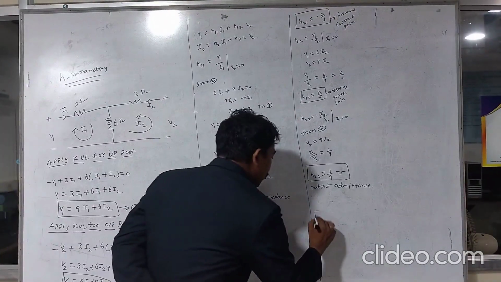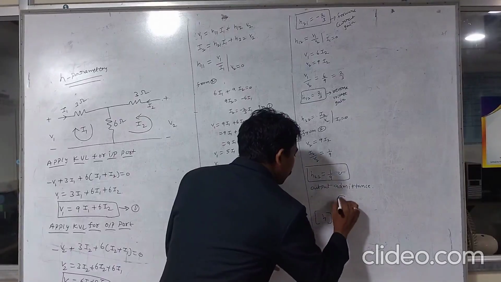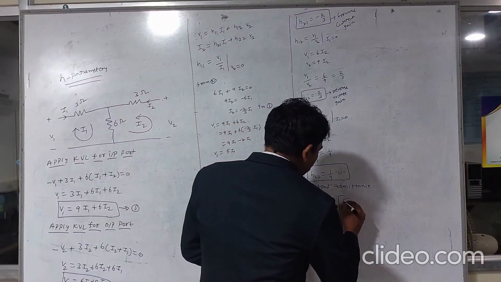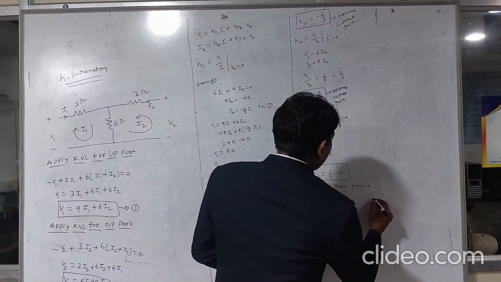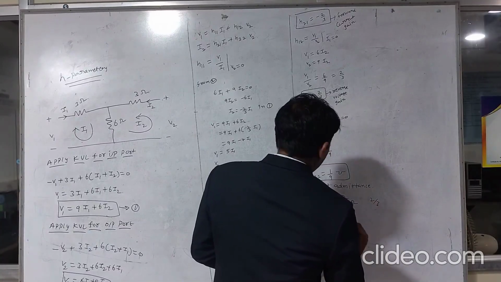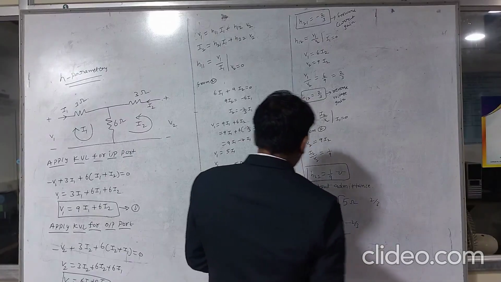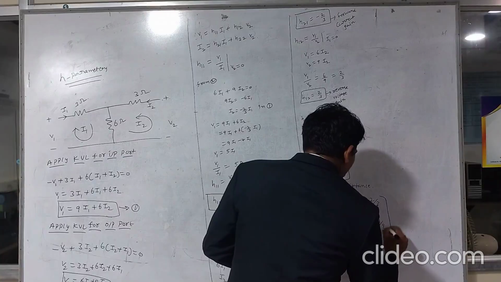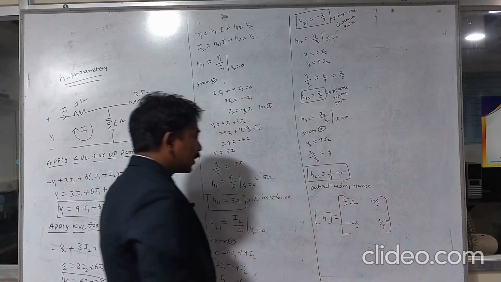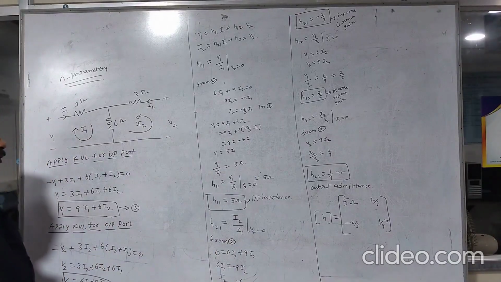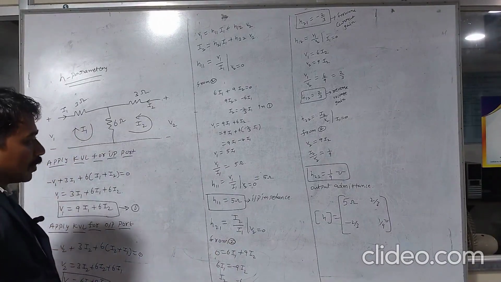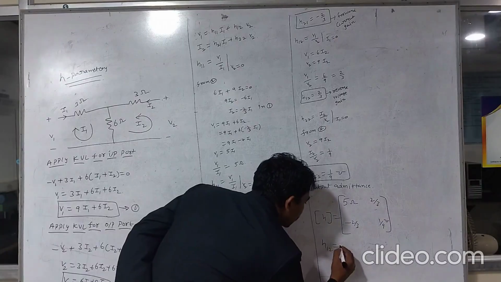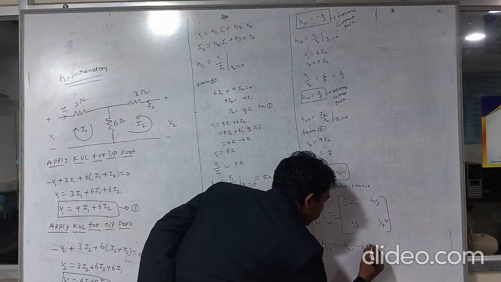So the corresponding hybrid parameters of the given two-port network: H11 is 5 ohm, H12 is 2 by 3, H21 is negative 2 by 3, and then H22 is 1 by 9. The condition for a two-port network to be reciprocal using hybrid parameters is H12 equal to minus H21.